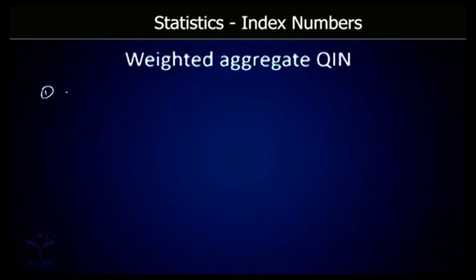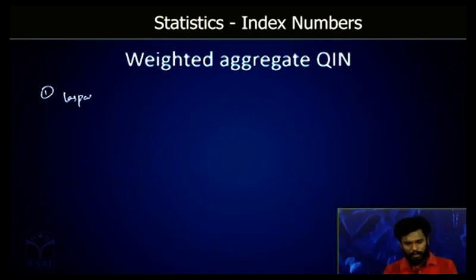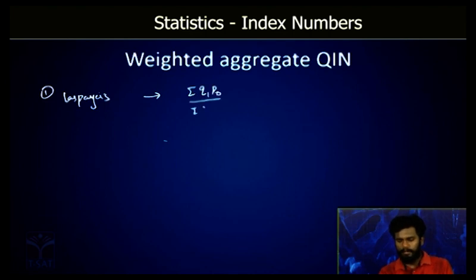First one the same, Laspeyres, and it is given by summation Q1 into P0 divided by summation Q0 into P0 into 100. Here we are taking weights as prices of the base year.